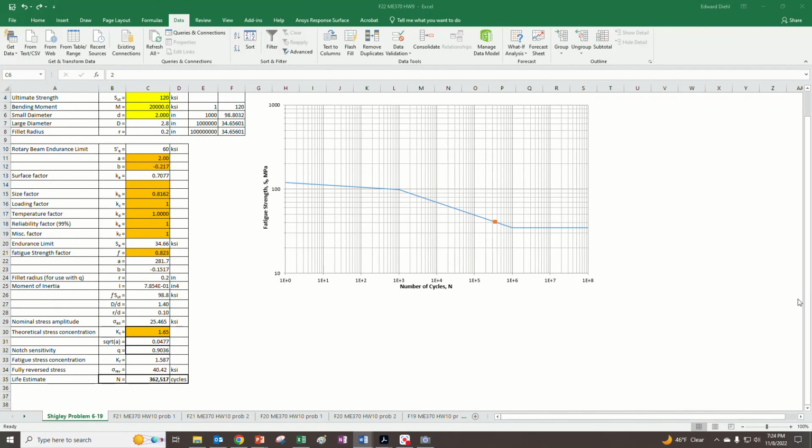Because in the original problem, I decided to deviate from the original problem and not use the safety factor. But I can't find where they did anywhere in here. And I keep looking for it. And I don't find it. So, an interesting thing.